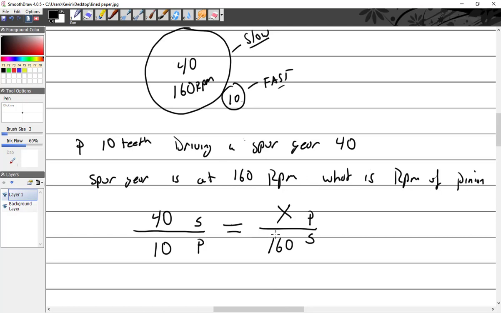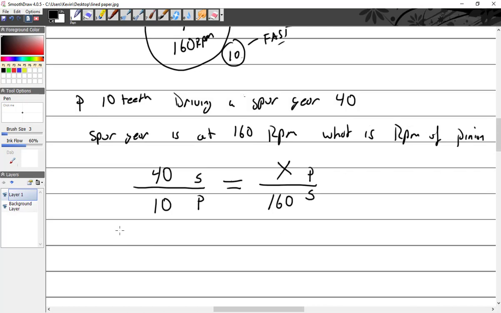And so when I look at it that way, I get 40 times 160 equals 10x, which is 160 times 40 is 6,400 equals 10x.